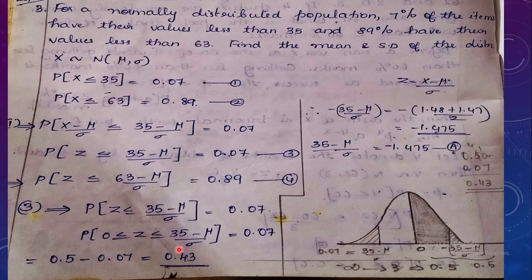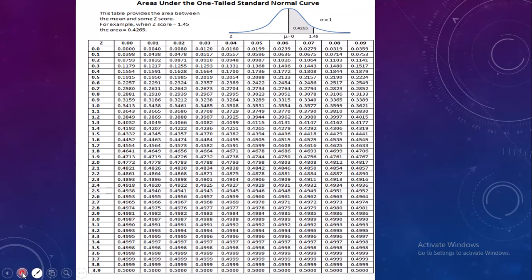Now here we have to find out what is 35 minus mu by sigma, this one. So in order to find this from the tables, how will we do that? We have the area minus 0.43. This is where your area lies. So 0.43 lies somewhere between 0.4292 and 0.4306, somewhere over here.